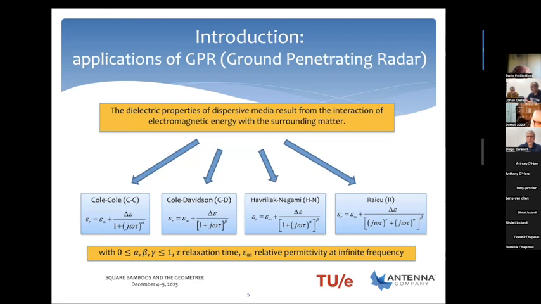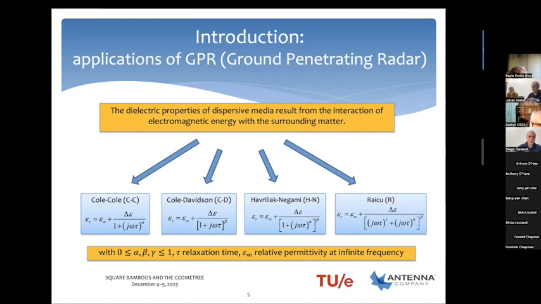Frequency dispersion in dielectric media can be modeled using the canonical formulations that are reported in this slide.